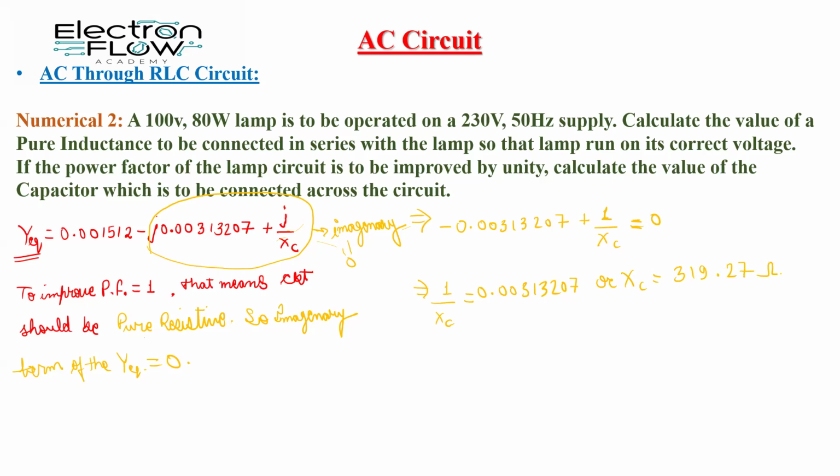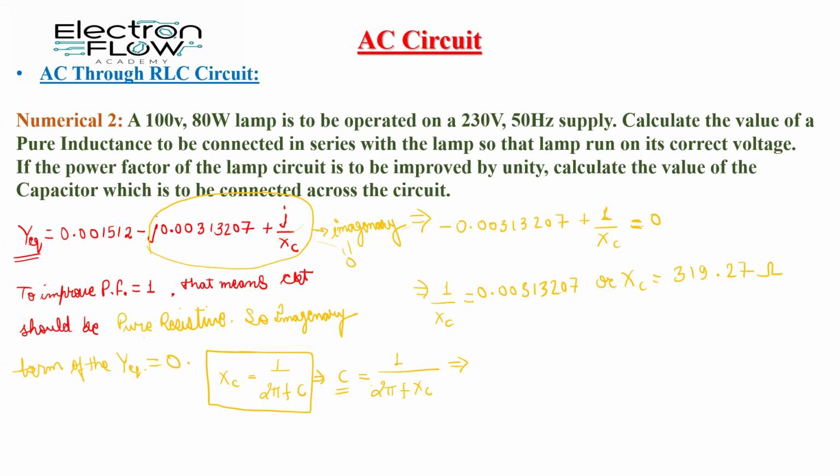So XC is equal to 319.27 ohms. Also, we know that XC is equal to 1 upon omega C, meaning 1 upon 2 pi f C. So C is equal to 1 upon 2 pi f into XC.